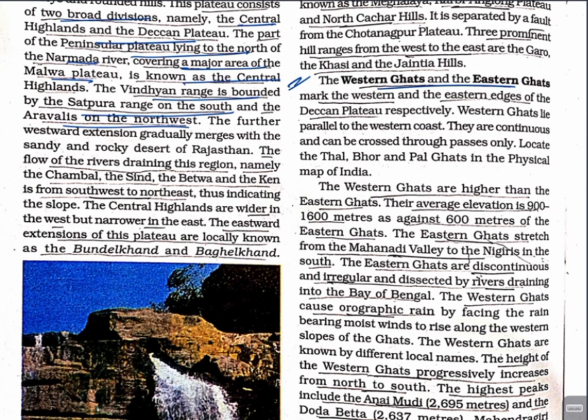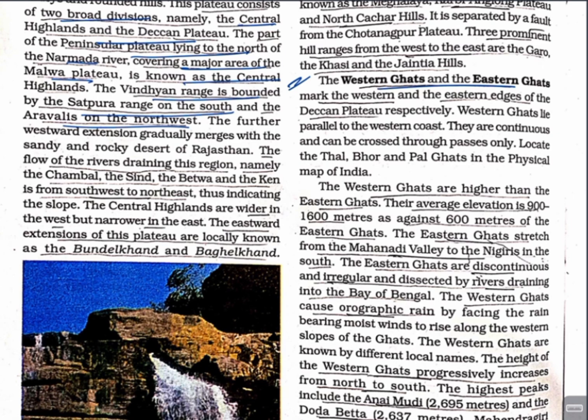It includes the Aravali range, Malwa, Bundelkhand Plateau, Baghelkhand Plateau, and Chota Nagpur up to the Rajmahal Hills. It also includes the Satpura, including Mahadeo, Maikal range, and the Vindhyan range, extended up to the Kaimur Hills.